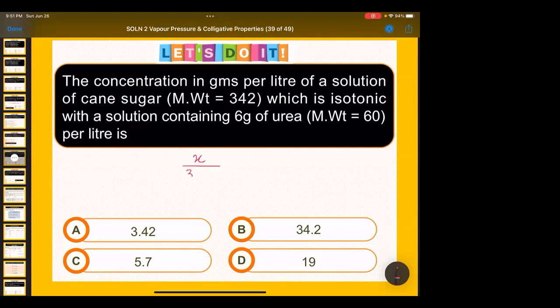So the moles is X by 342 divided by 1, where 342 is the molar mass, into R into T, but R and T are going to come on the other side also, so they are going to get cancelled out. Anika, what are you getting? I got 34.2. Yeah, 34.2. This is 0.1 mole of urea you took, 6 by 60. That is directly 34.2.